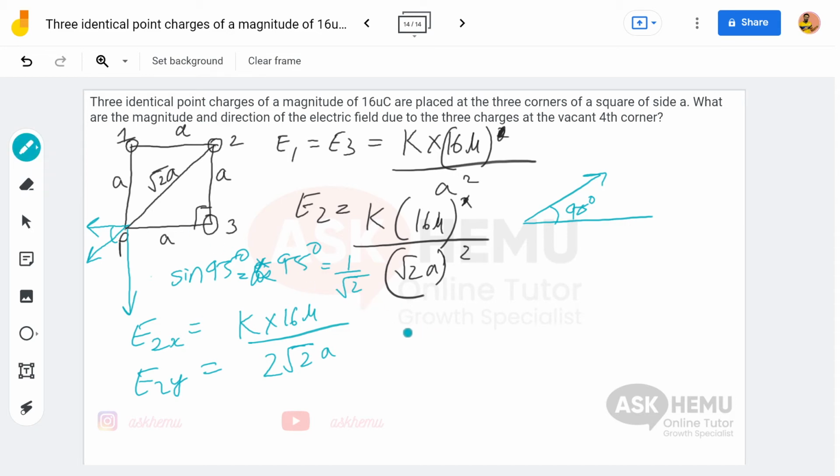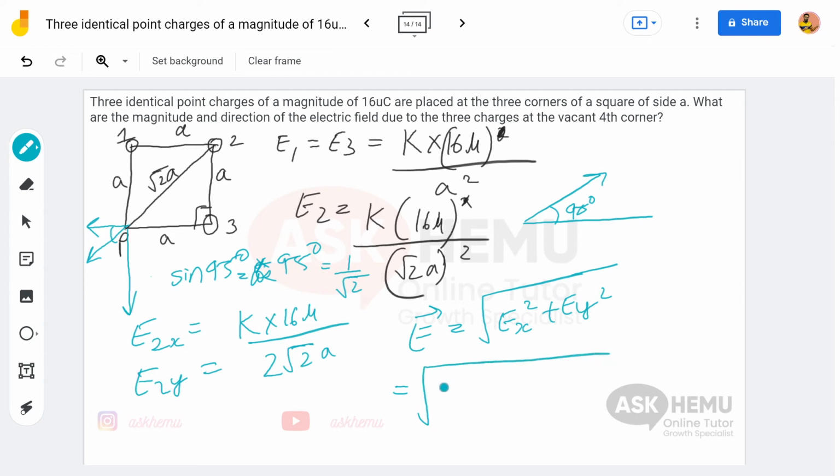Now I am welcome to find the resultant electric field. The resultant electric field is the sum of all the x components plus the sum of all the y components. So let's do that and find my final answer.